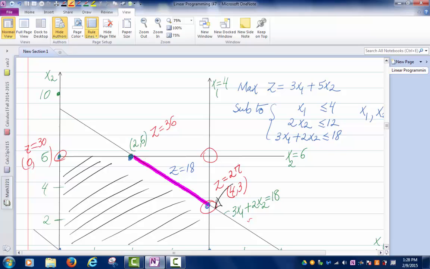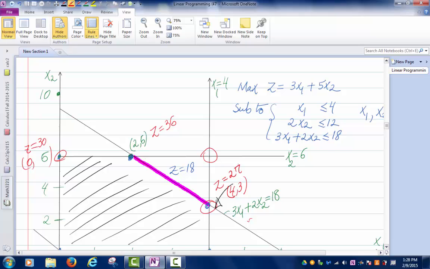I have infinitely many feasible solutions, but the simplex is only checking finitely many. Of course, that finitely many could be a lot. When you talk about n-dimensional spaces, that would be a big number of vertices. But the point is, I have only finitely many vertices versus infinitely many points, so I'm only checking those.